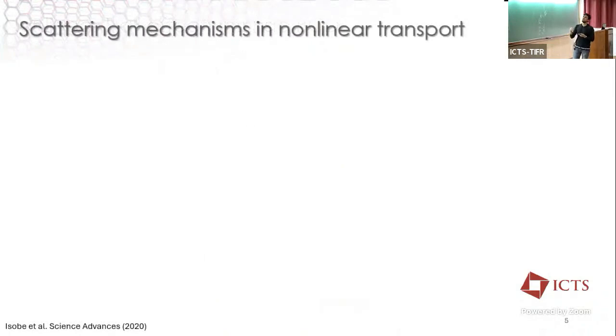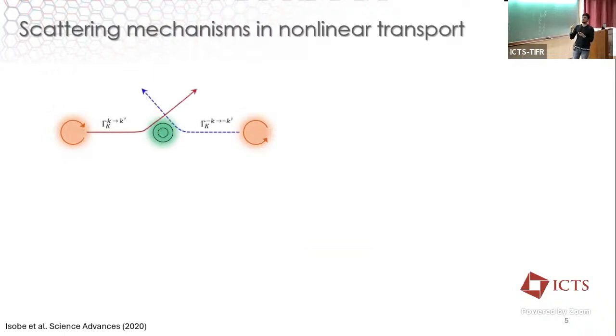Now, similar to anomalous Hall effect, we see the scattering also comes into the picture. So, in a system where this inversion symmetry is broken, you can have these two electrons with different chirality. If they are in presence of a disordered potential and going opposite to each other, in that case, there will be scattering.